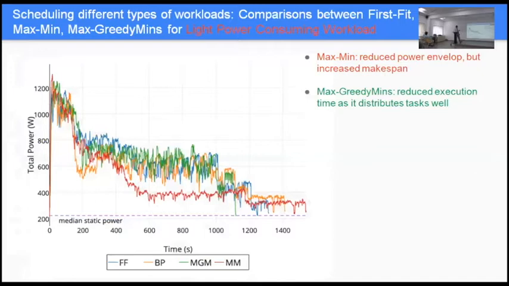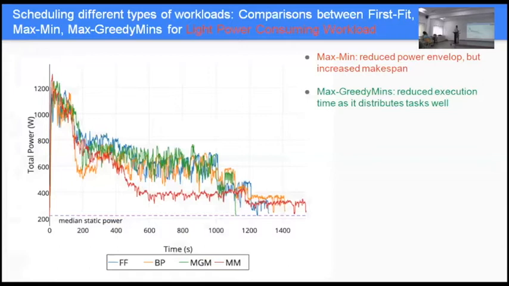And if you take one max and try to get in as many mins as possible, remember you're trying to take the power profile, and then you're trying to take applications that draw a lot of power and then mix it with those that take very little power from the queue. What it does though is it reduces execution time as it distributes the tasks very well, and for a light power consuming node.